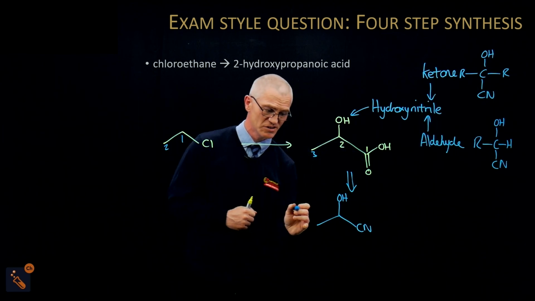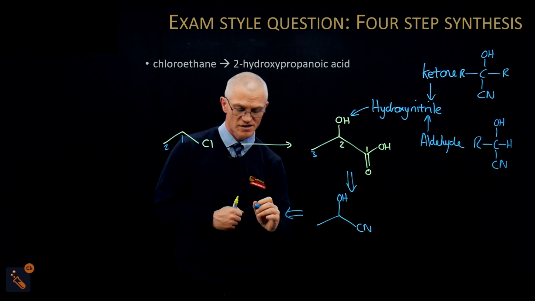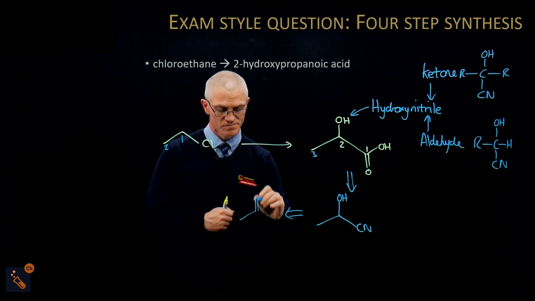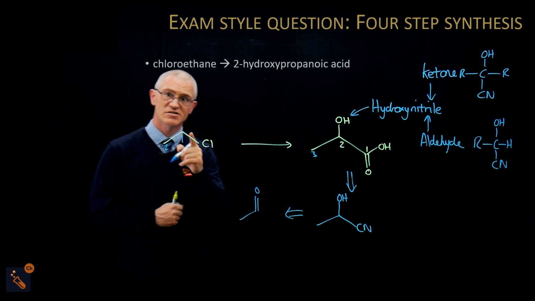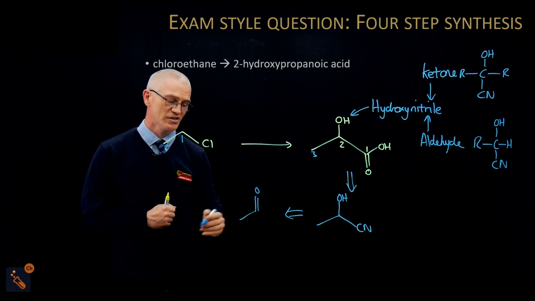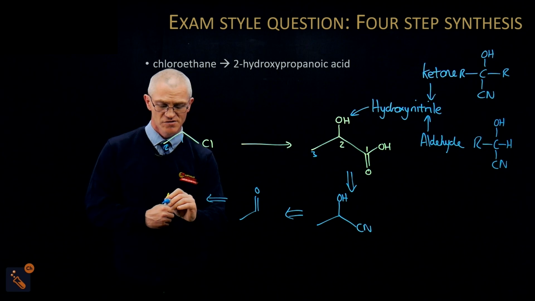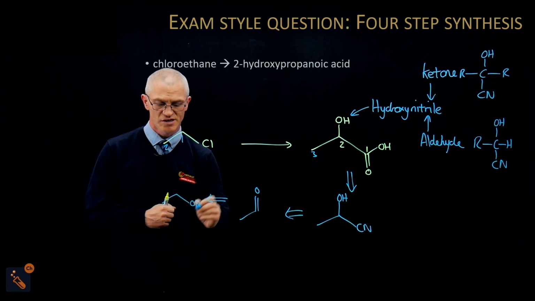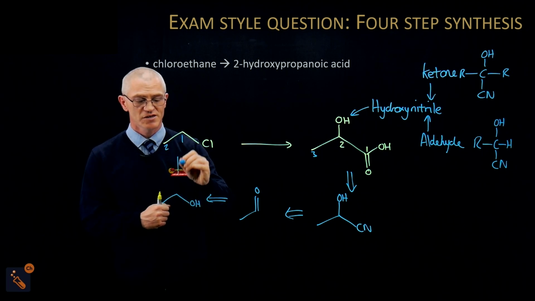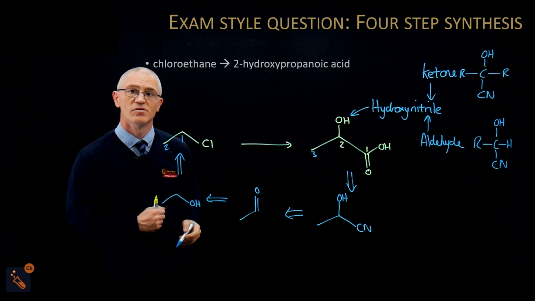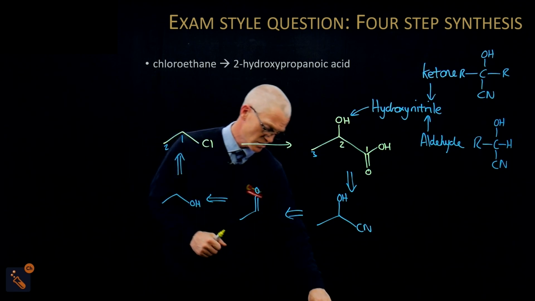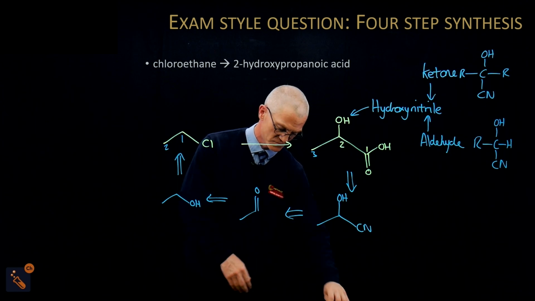Okay, so therefore this will then work back to an aldehyde. Now I need to bridge the gap between here and here. What can I make an aldehyde from? Well, I can only make an aldehyde from a primary alcohol, and I can make a primary alcohol from a chloro. So we've done most of the work, which is great.